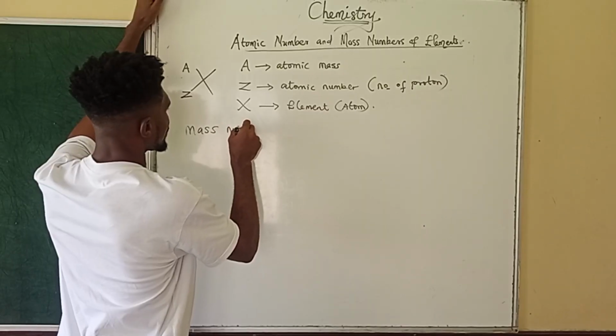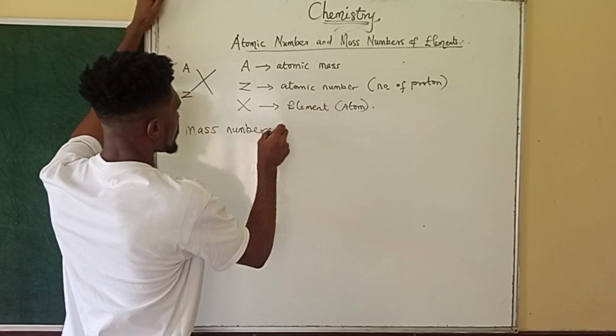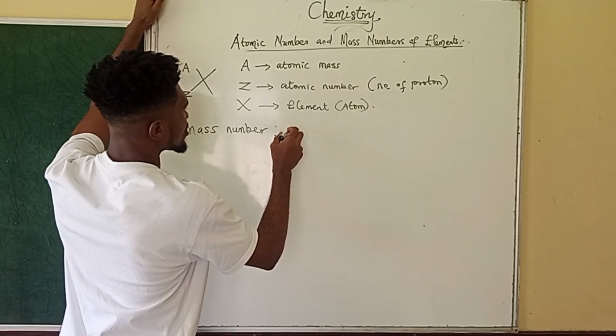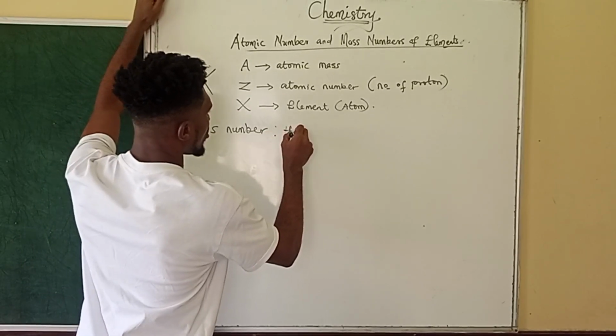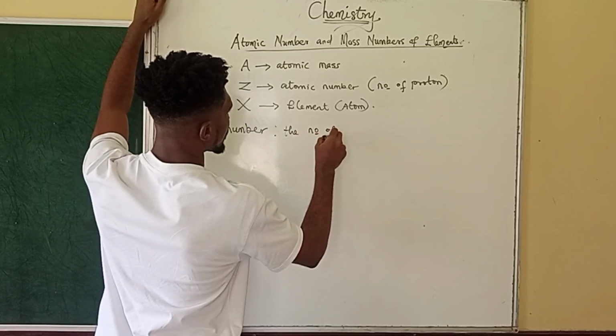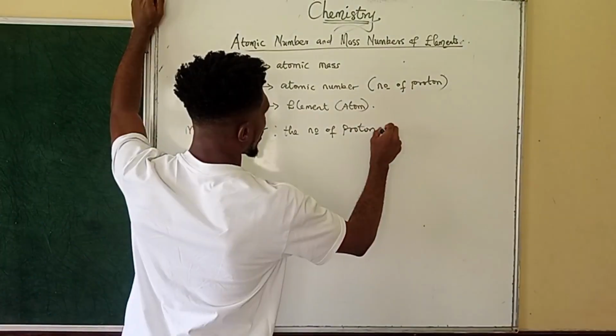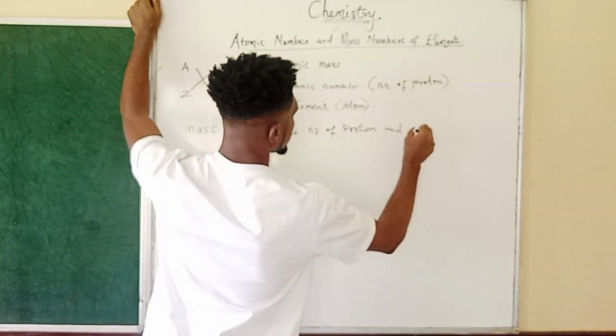Mass number can be defined mathematically as the number of proton and neutron.